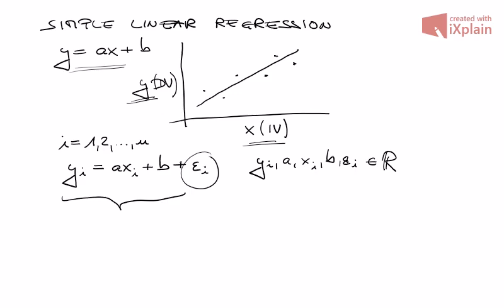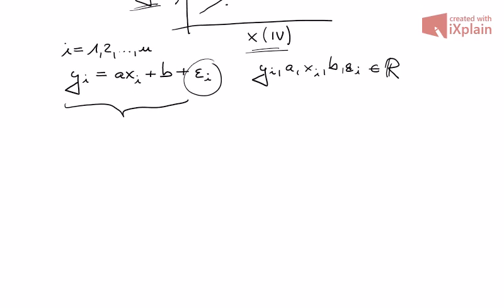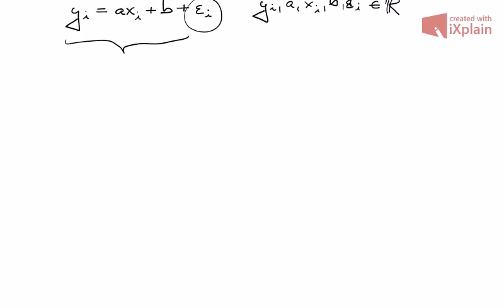So more concretely, if we now say i goes 1, 2 to 5, what we have is the following set of equations. I just write them up, where I ignore the epsilon i for the moment.